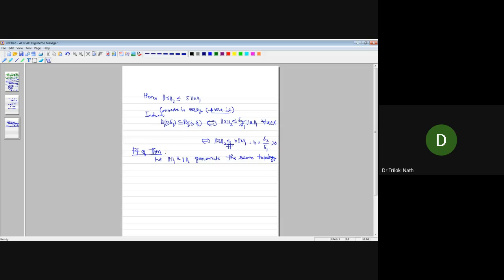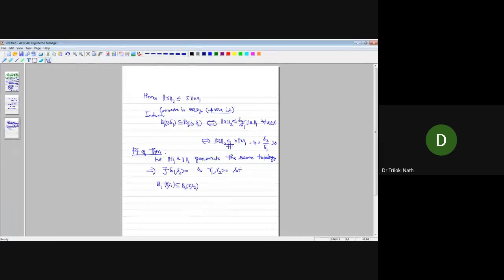Then this implies there exist delta 1, delta 2 bigger than 0 and r1, r2 bigger than 0 such that the open ball in norm 1 with center 0 and radius delta 1 is contained in B2(0, delta 2).